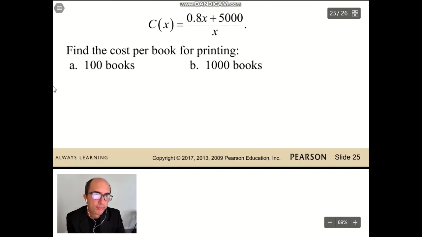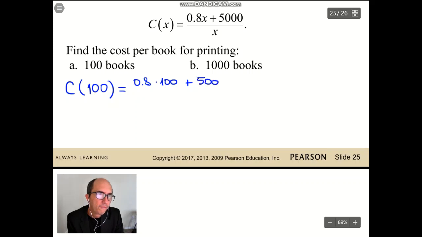Let's find first for 100 books, similar to the previous problem. We just plug in x equals 100, and it's going to be 0.8 times 100 plus 5,000 over 100.